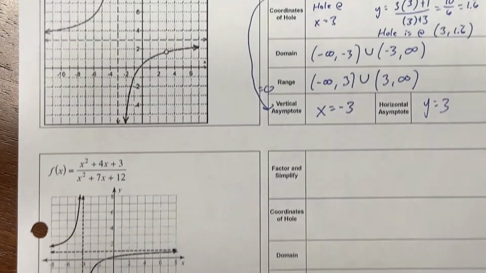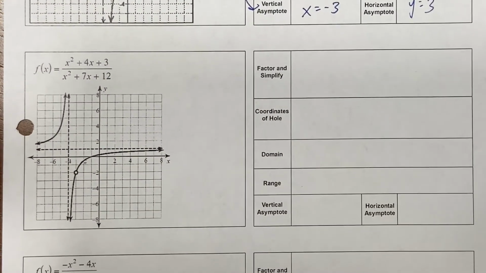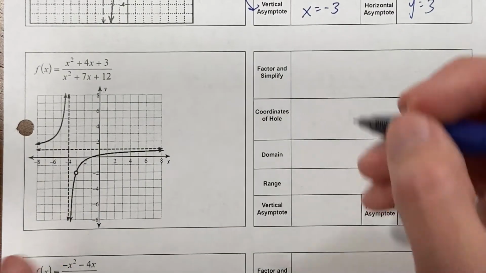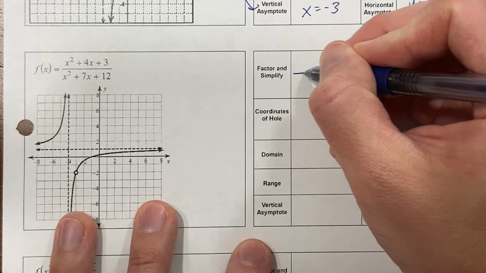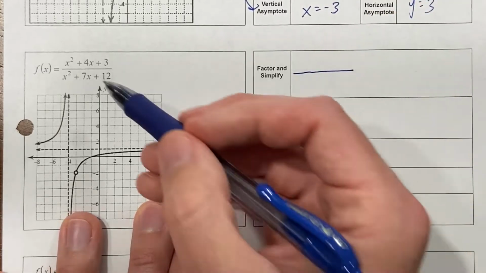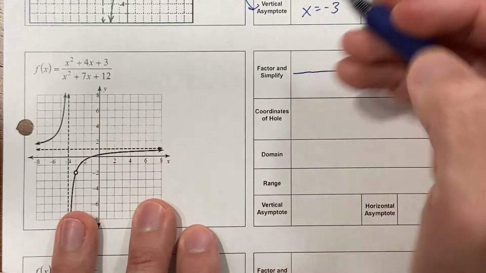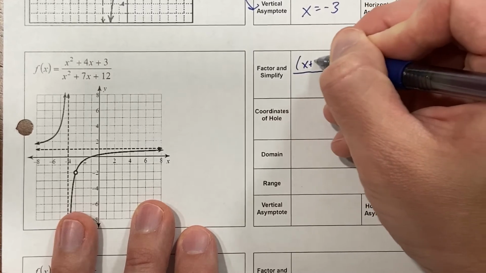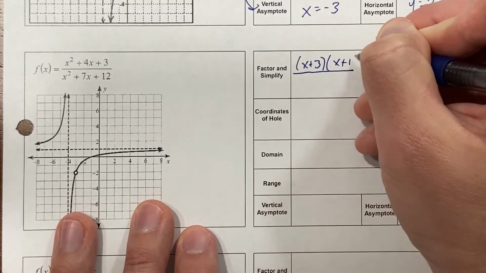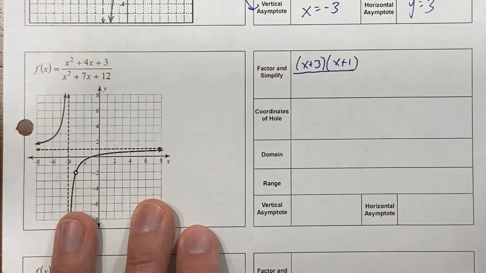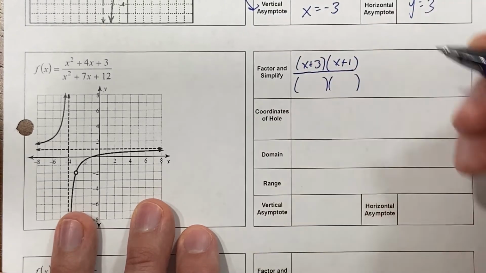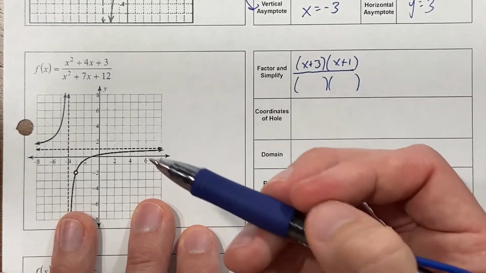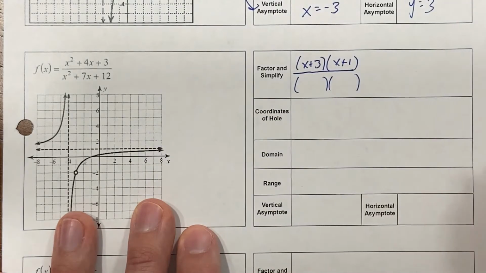All right, next one. We've got to factor these things again. Up top, I've got two numbers to add to give me 4 and multiply to give me 3. That would be plus 3 and plus 1. On the bottom, I have two numbers that will add together to give me 7 and multiply to give me 12.